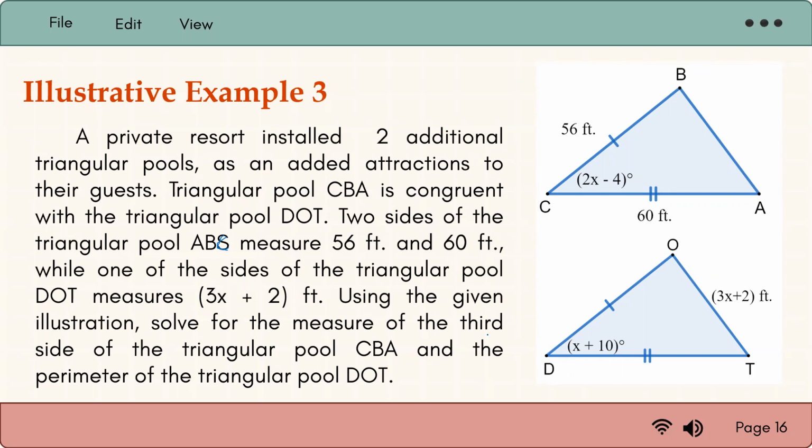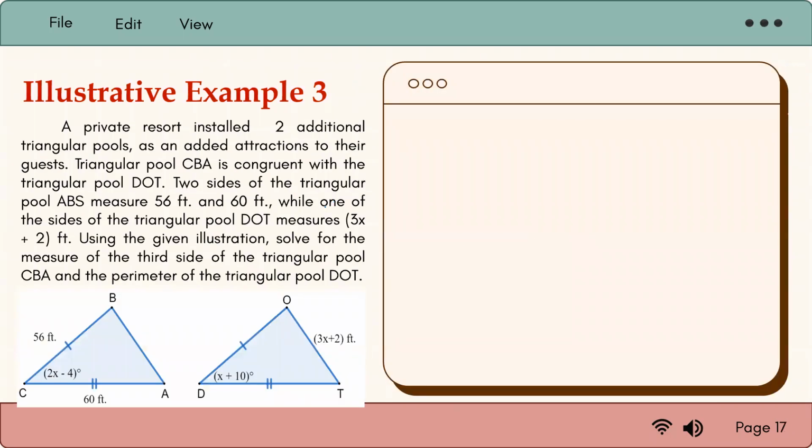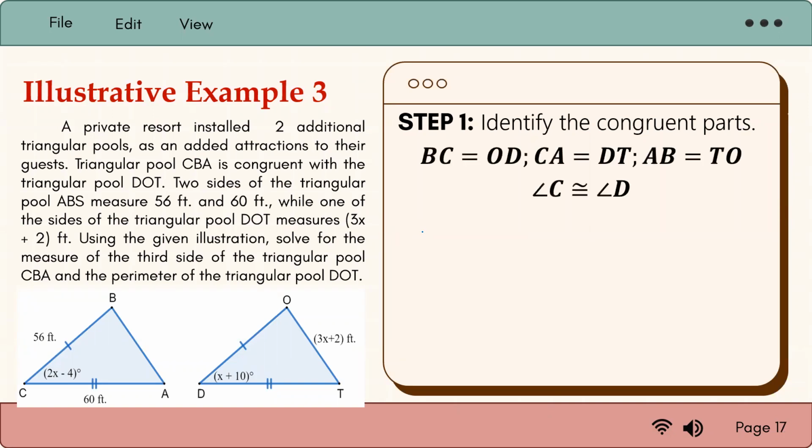Given the illustration, take note that these two triangular pools are congruent. Since these two are congruent, we try to identify the congruent parts, which are also given here.